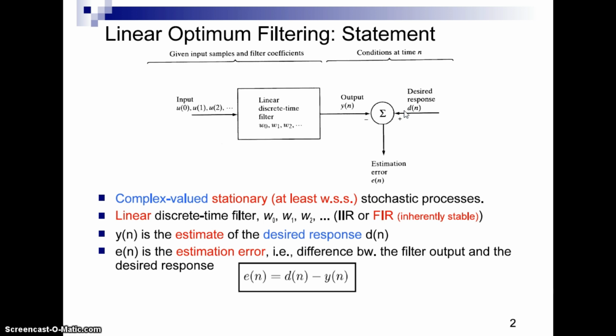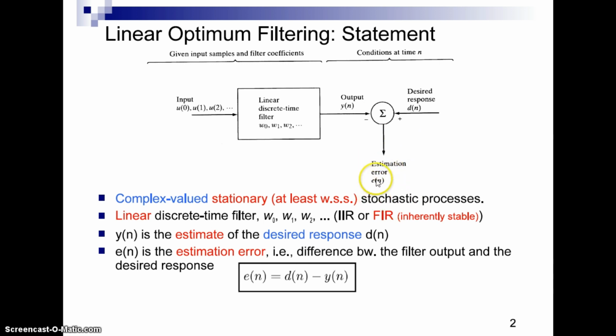The estimation is ordinarily accompanied by an error with statistical characteristics of its own. In particular, the estimation error, generally denoted by e of n, is defined as the difference between the desired response d of n and the filter output y of n.